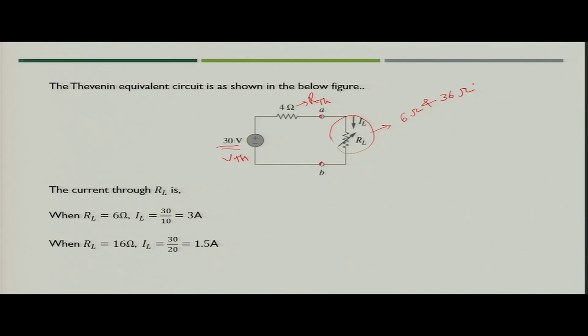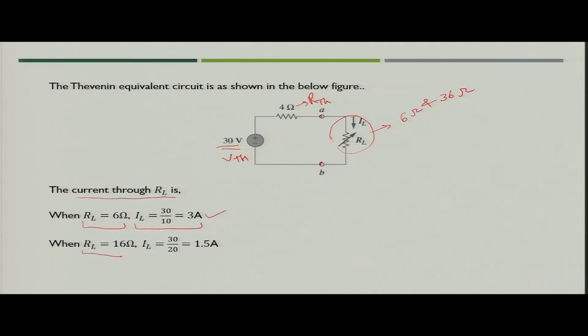So, what you will do, you will just put the value of RL. When RL is equal to 6 ohm, you will simply apply Kirchhoff voltage law and you will get the value of current IL as 3 ampere.